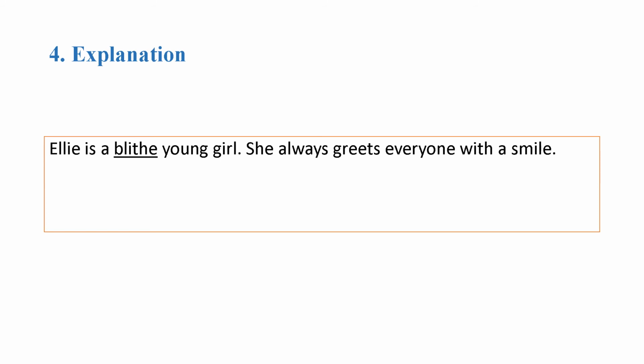We may ask, how is Ellie a blithe young girl? One would answer using the second sentence: she always greets everyone with a smile. So in this example, one can guess that blithe refers to happy, or cheery.